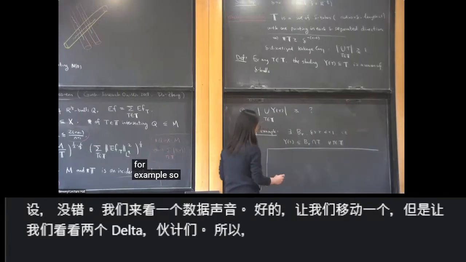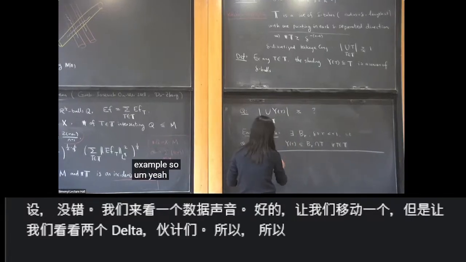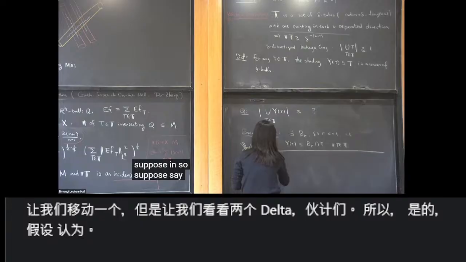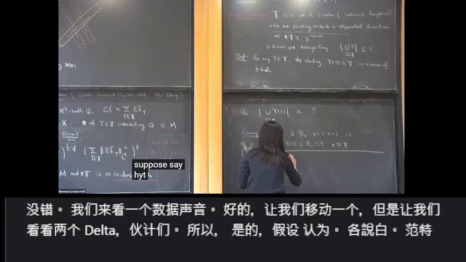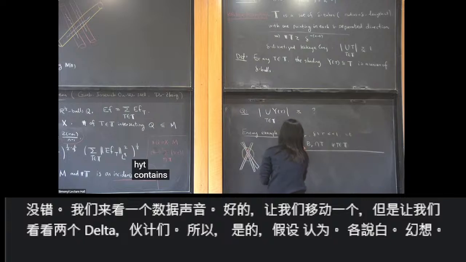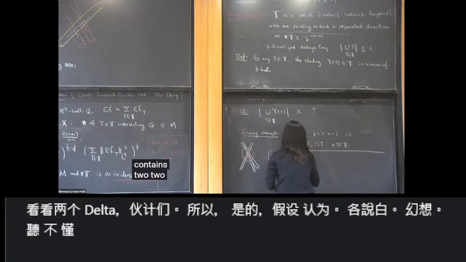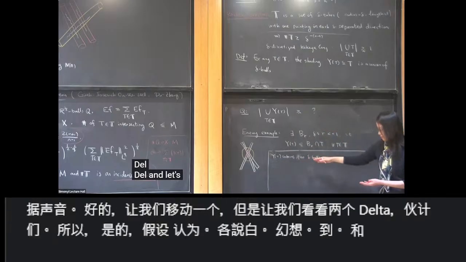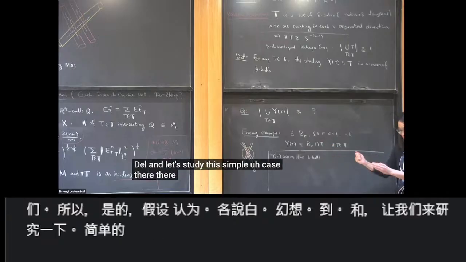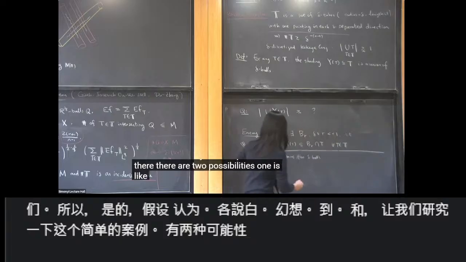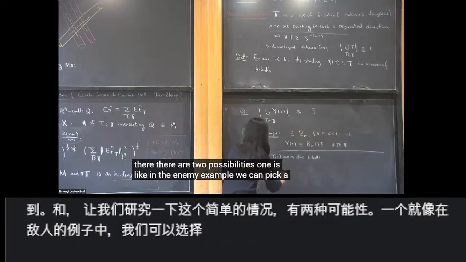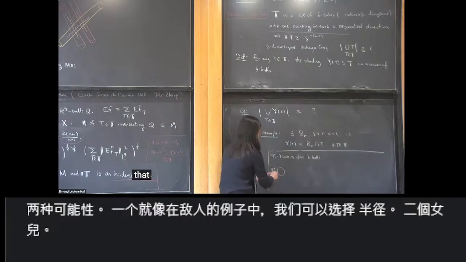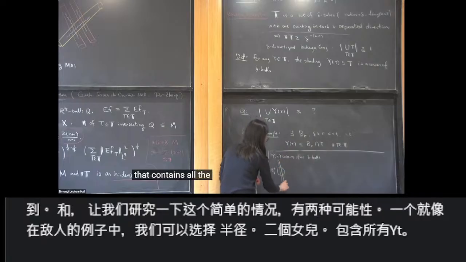So suppose each Y_T contains two delta balls, and let's study this simple case. There are two possibilities. One is like in the enemy example, we can pick a ball of radius 2 delta that contains all the Y_T.